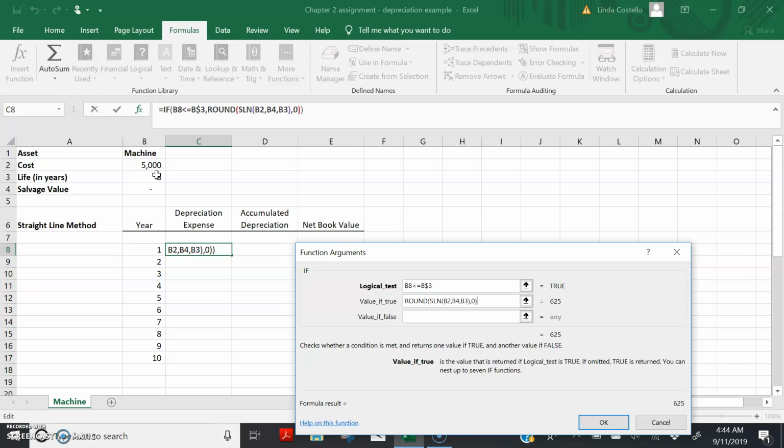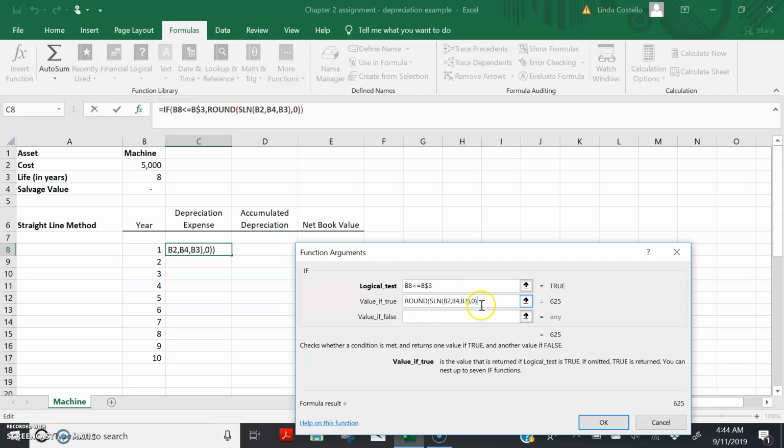Put an into that parentheses. And now we've calculated $625 of straight line depreciation on a $5,000 asset over 8 years with no salvage value.